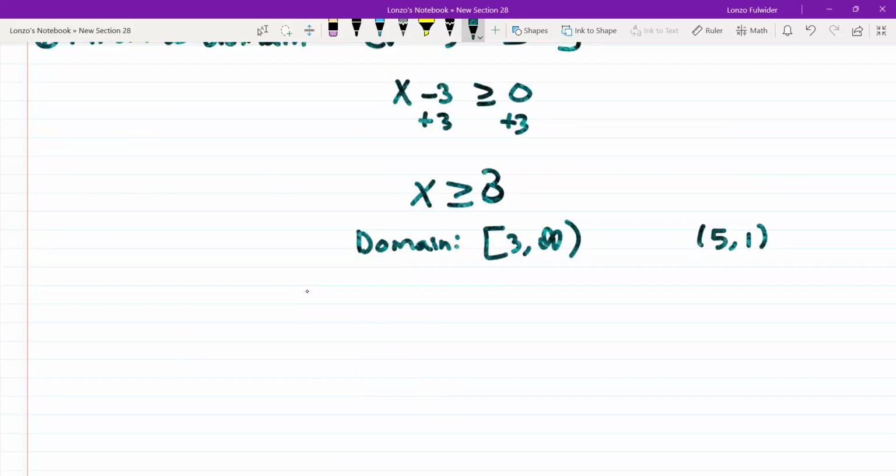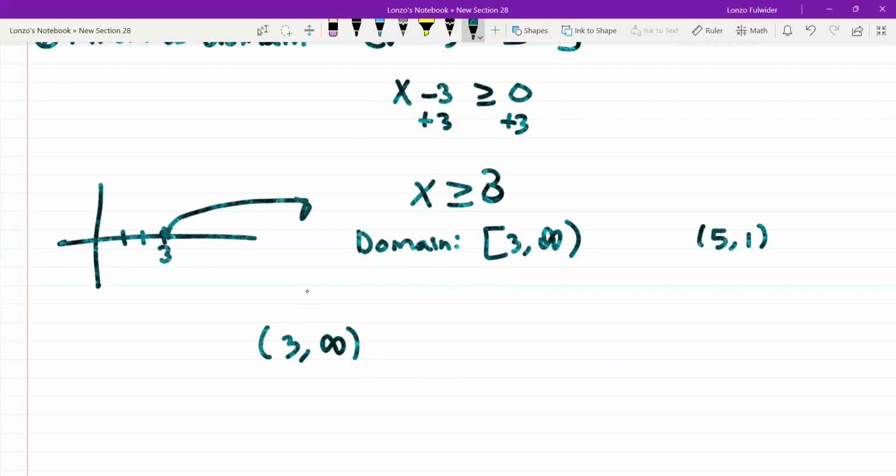I guess you're going to rewrite it as parentheses 3 to infinity, right? Because it's a dark circle, and then it has to include the point (5, 1). 3, 4, 5. Here's 5. So yeah, it's just going to be from 3 to infinity.